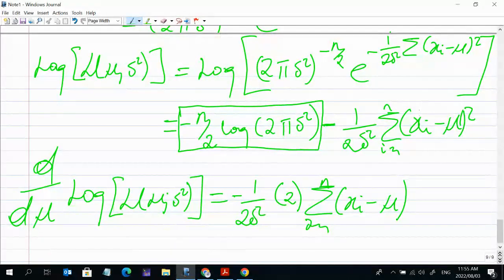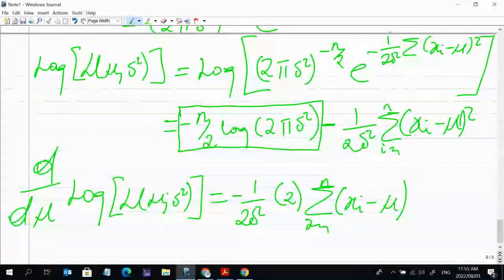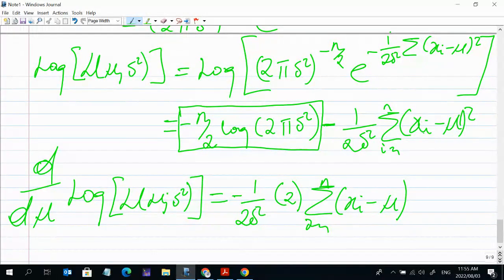We go inside and differentiate the inner function. The derivative of xi with respect to mu is 0, and the derivative of minus mu with respect to mu is -1. So we have -1.